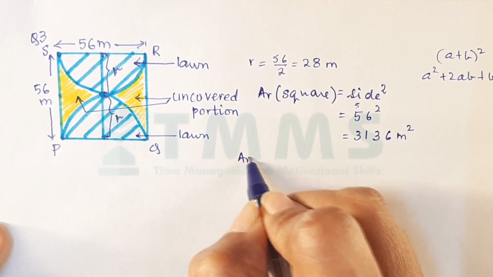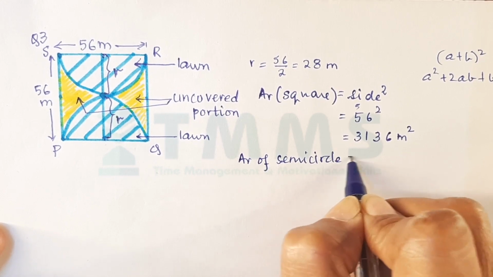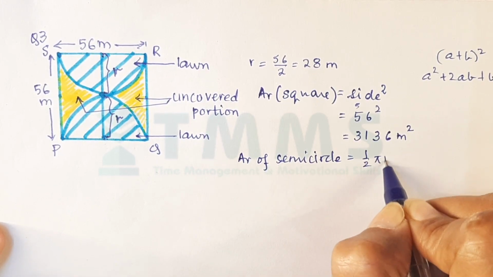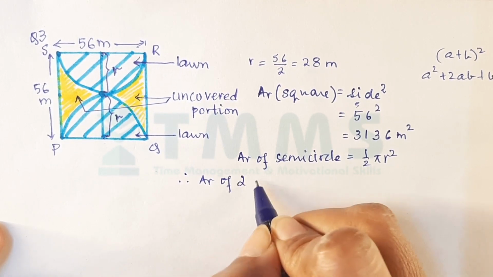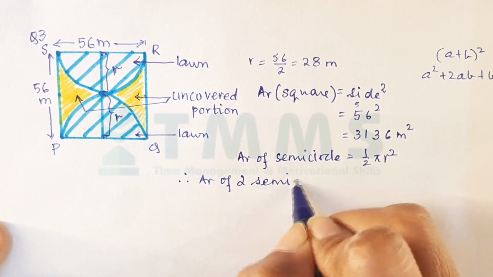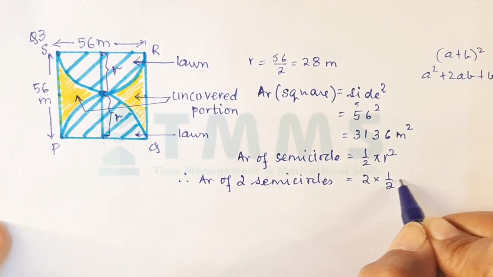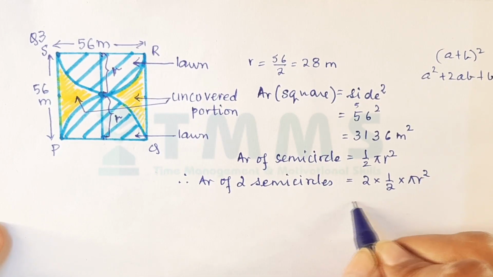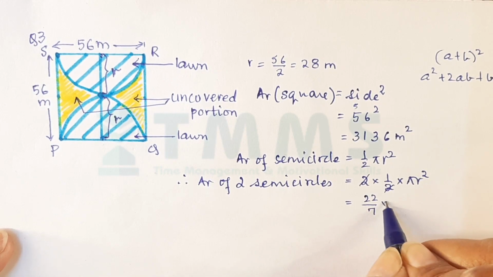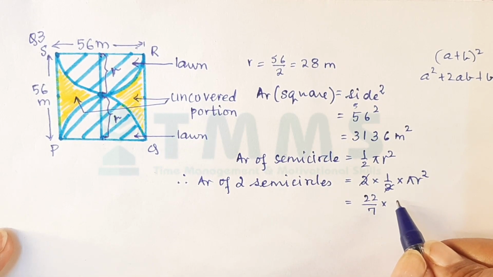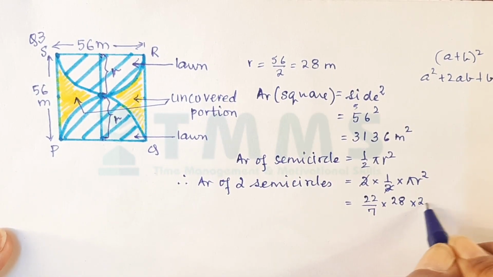So we write area of semicircle. Remember the formula, it will be half multiplied by pi r square. Therefore, area of two semicircles will be 2 multiplied by half into pi r square. Getting it? That will give us pi means 22 upon 7. And how much is the radius? Can you see the radius we have written over here? 28 times 28.